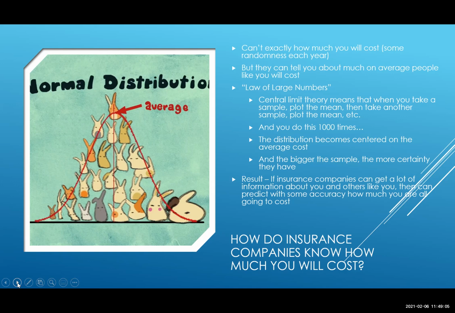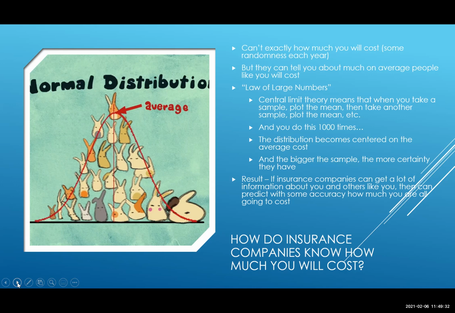So it's the law of large numbers. It's basically the central limit theorem, and that means they take a sample, plot the mean, and take another sample, plot the mean, and basically take the average. So it's a normal distribution. And say they do this 1,000 times. Then the distribution becomes normalized, and the bigger the sample they have, the more certainty they have.